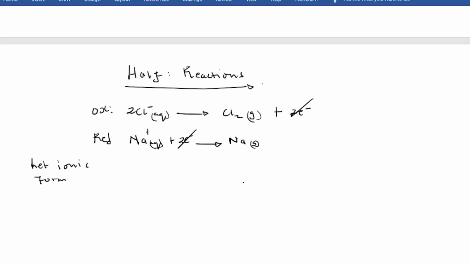So if they're equal, then we can come and say this is 2 Cl minus in aqueous form plus sodium in this aqueous form. Then it goes to give us what? Chlorine gas plus sodium. Okay, all right.